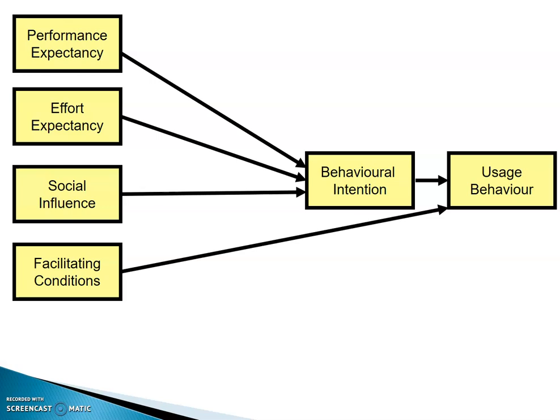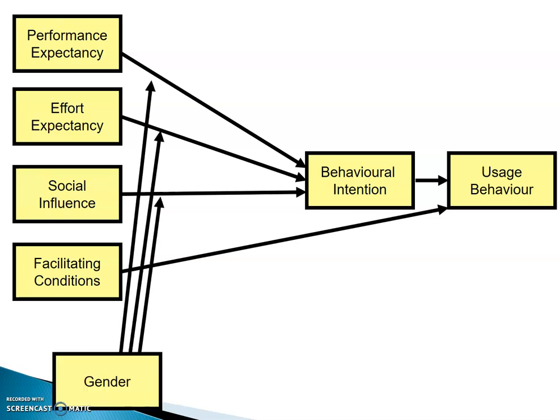Now the UTAUT extends the TAM in one other way as well. Up to that point it looks quite similar, but it also identifies characteristics of individuals that are likely to use the technology on the basis of certain characteristics. Not only that, but on the basis of the 4 dimensions we've already explored.